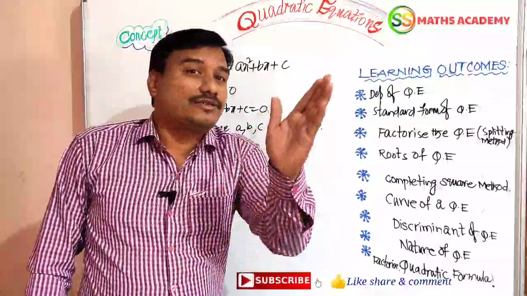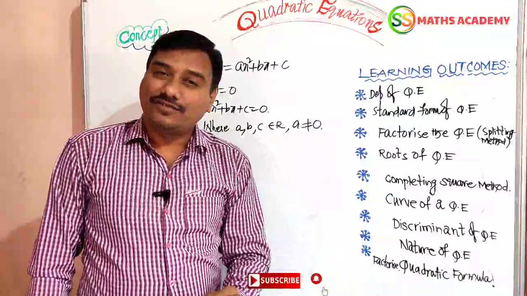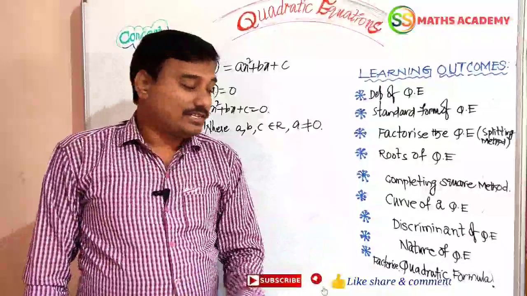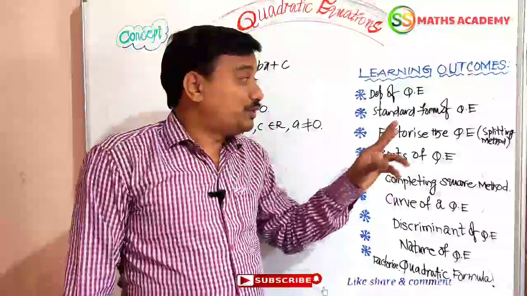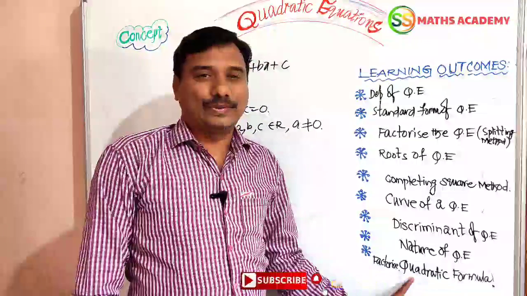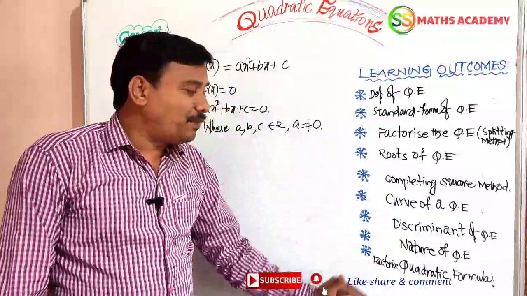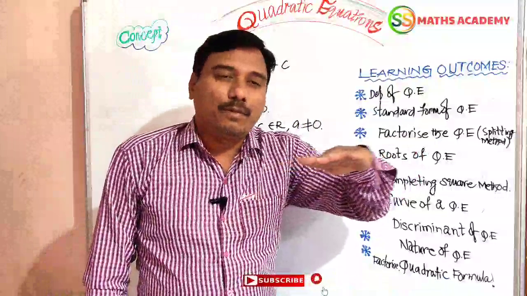By using the curves, we can find the roots also, and the discriminant of quadratic equation, and the nature of roots, and we solve the quadratic equation by using the splitting method as well as by using the quadratic formula also. These are the 9 important outcomes we are going to discuss in our videos.